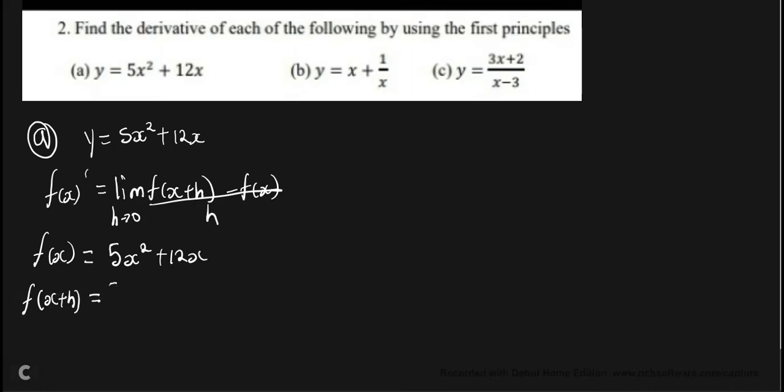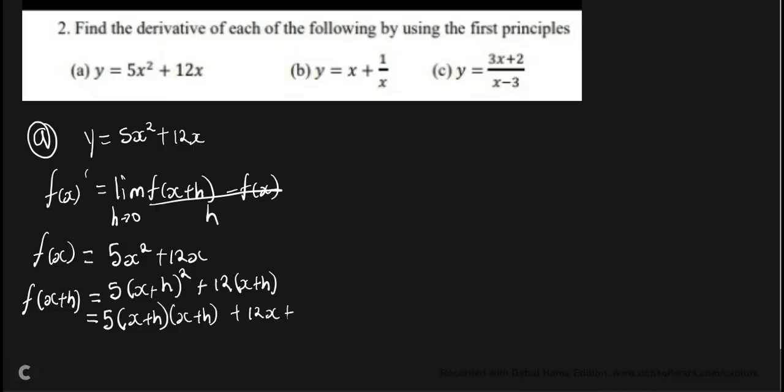Meaning that wherever there's x, we will replace it with x plus h, so we have 5 times x plus h squared plus 4 times x plus h.